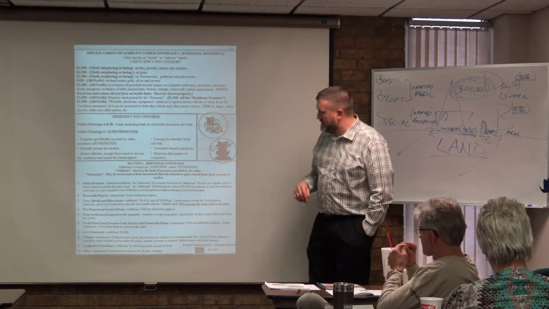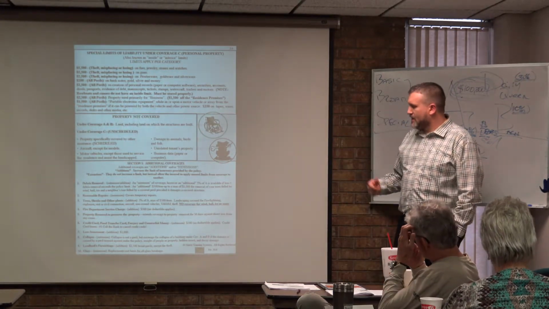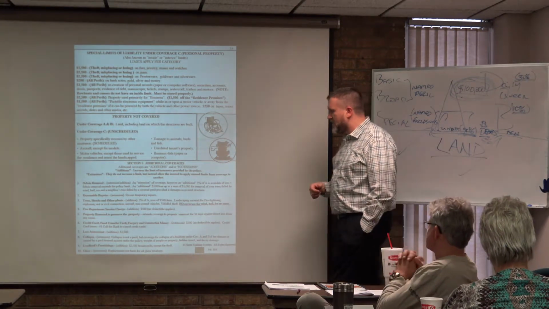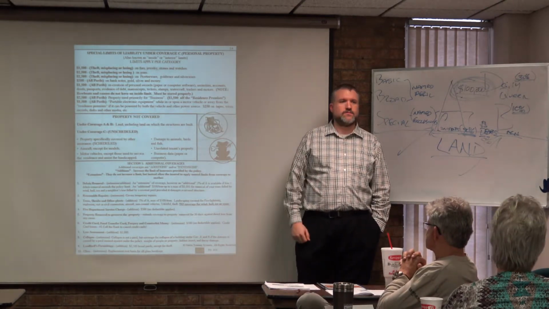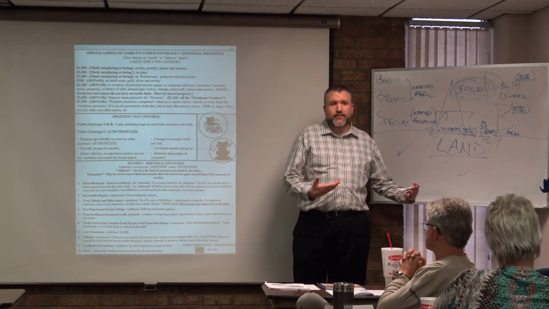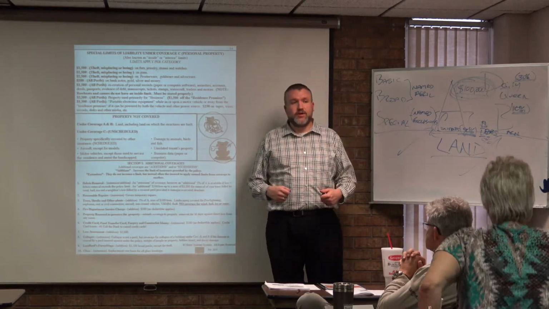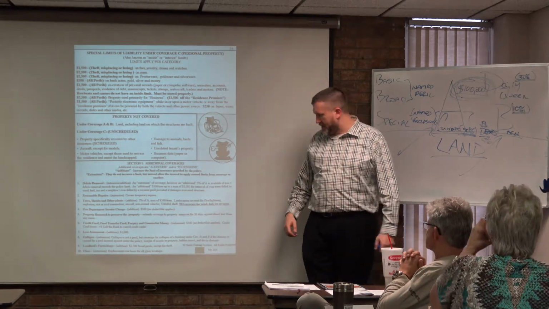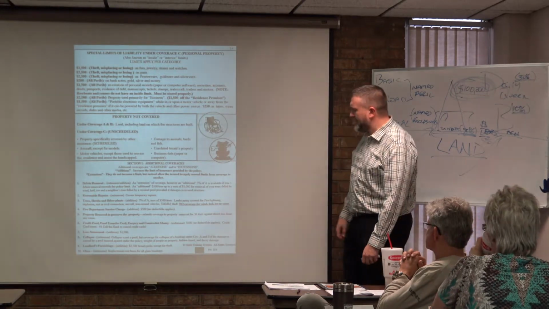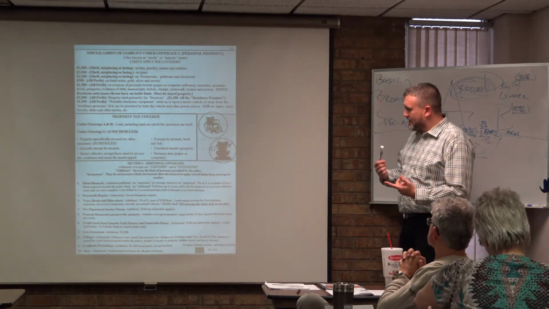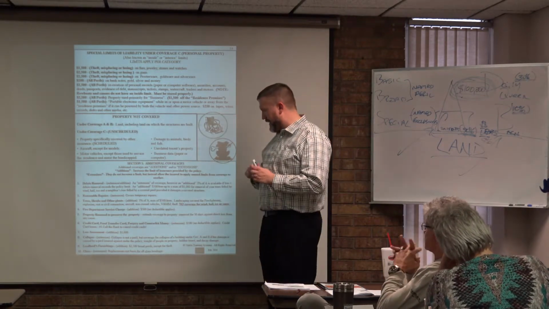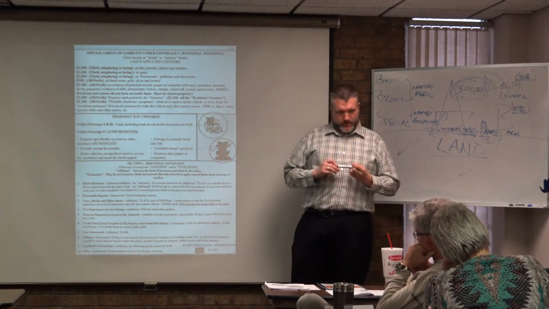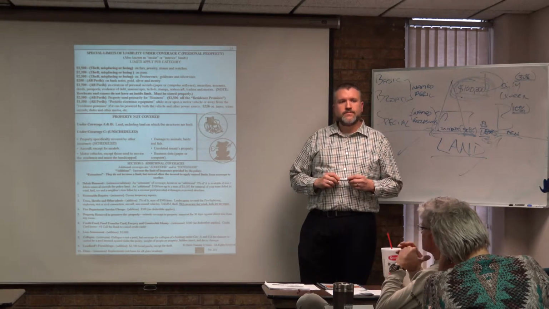Trees, shrubs, and other plants. That's an addition. 5% of A, so $5,000 in this case, maximum, though. $500 per item again. So you've got this $5,000 limit, but $500 per tree, shrub, and plant. Landscaping damage could be covered if the damage is because of fire, lightning, explosion, riot, civil commotion, aircraft, non-owned vehicles, vandalism, or malicious mischief.